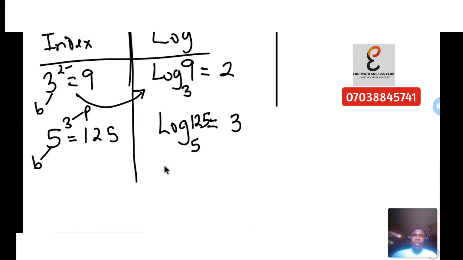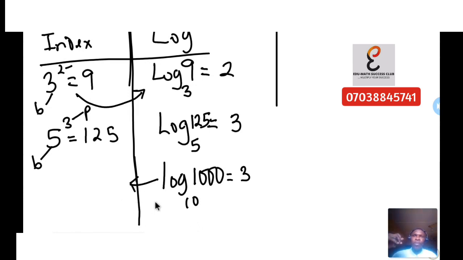Let's take an expression in log form. Let's look at log base 10 of 1000 equals 3. Now to convert this to the index form, don't forget, there will be no log in the index form. So the first thing to do is to use the base to raise the power.